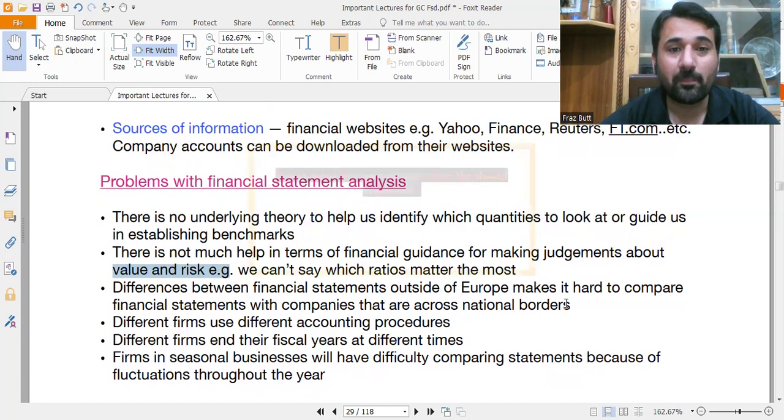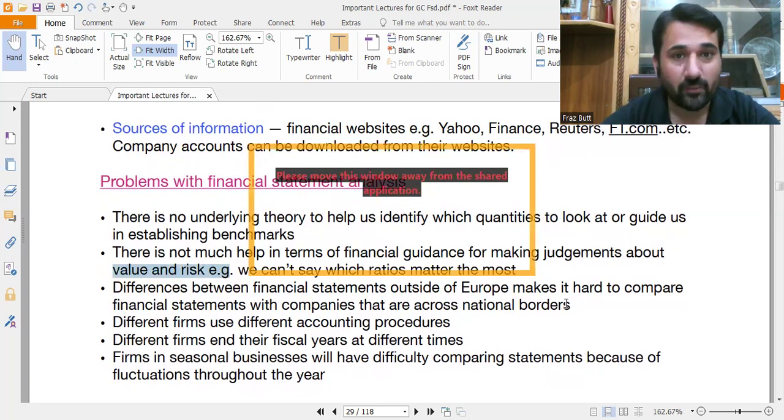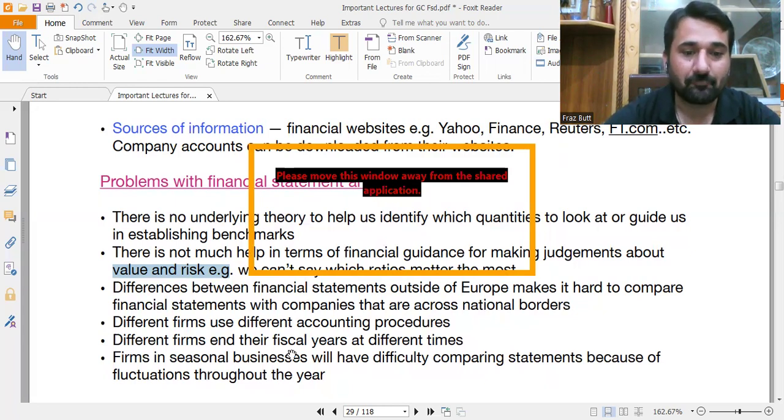So this can also be a problem if a company is running in Pakistan and you want to compare it with a company in Europe, then definitely there is a difference of standards, difference of rules, and a difference of economy and culture. So these differences create a problem for the comparison.